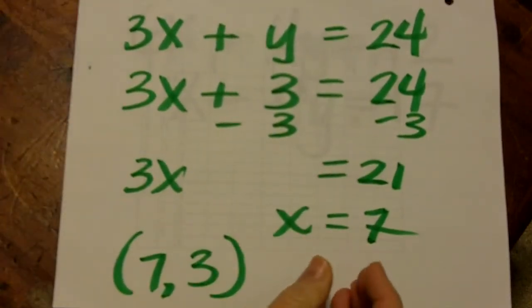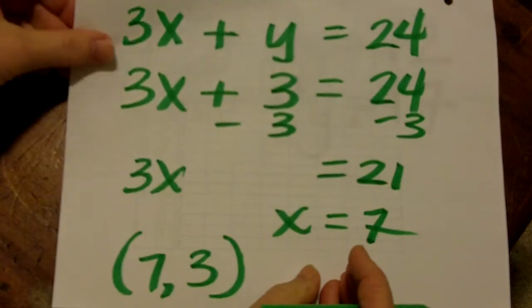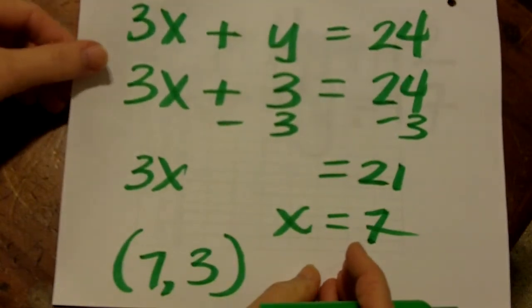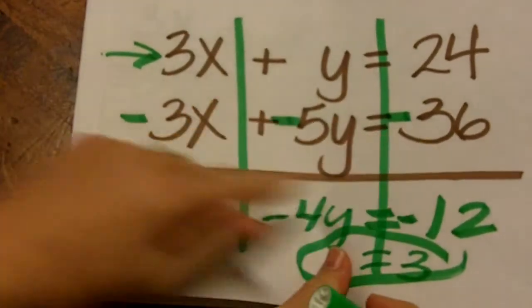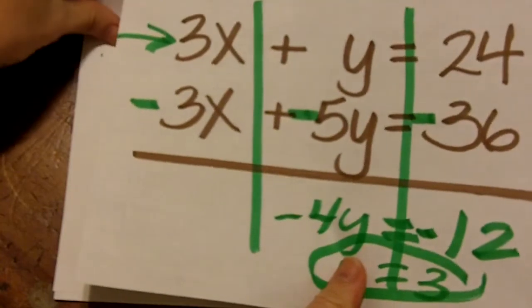Because it's an equation that I'm dealing with, I can know exactly if I'm correct or not. So I'm going to take that 7, 3 and plug it into my second original equation, which was 3x plus 5y equals 36.